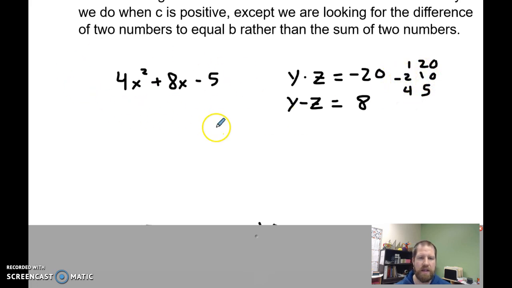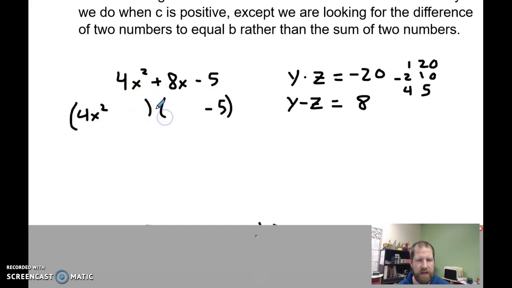All right, so I can set my terms up. I've still got my 4x squared, and I've still got my minus 5. Okay, but now it gets a little harder to figure out which term goes where. We get a little bit of help because we know that this term is negative, right? Our second term of our second binomial is negative.